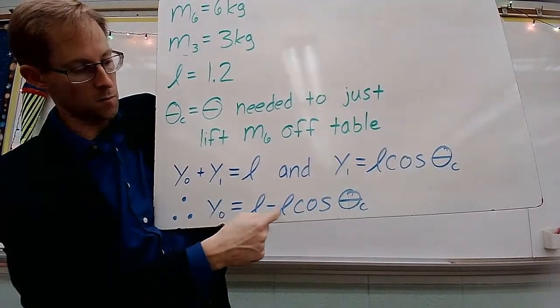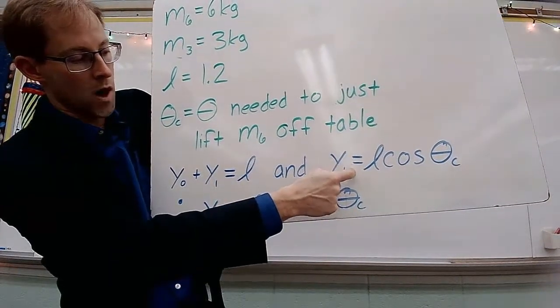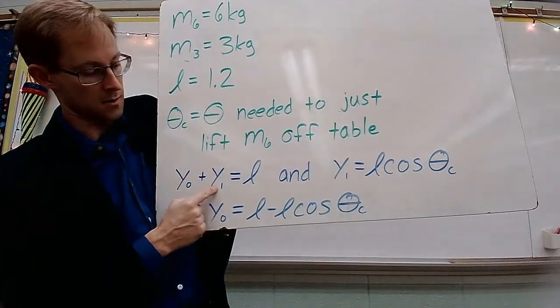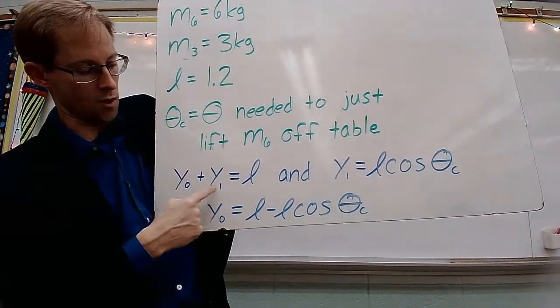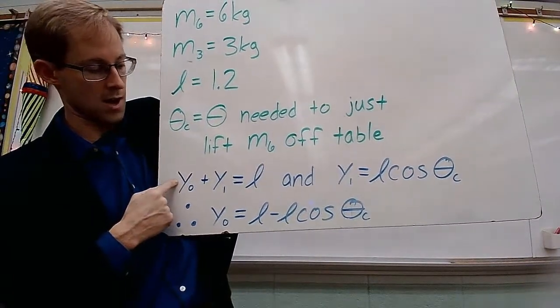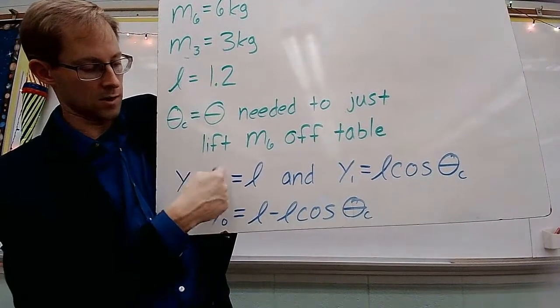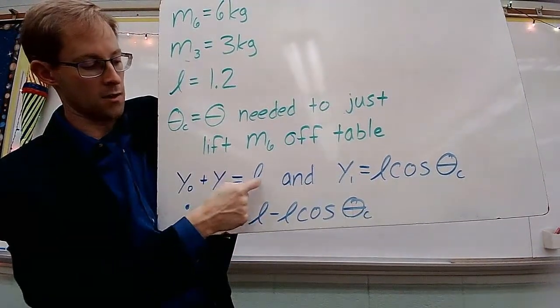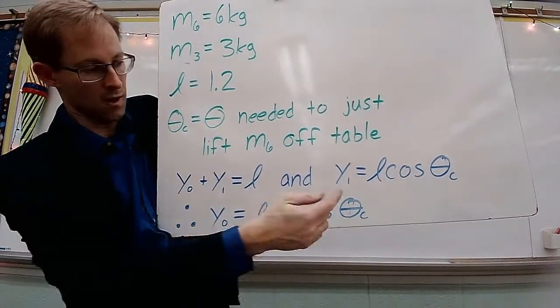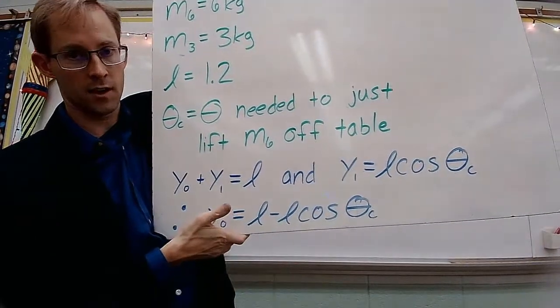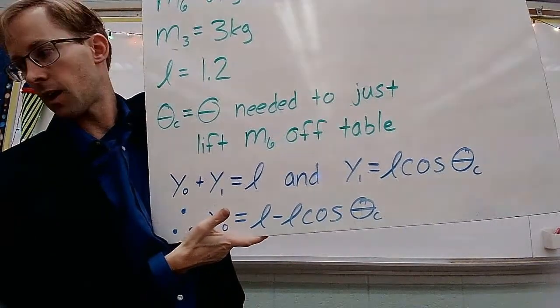Because if you substitute in y1 right here and solve for that original height, this goes over there, and you get L minus y1, and y1 is equal to that. That's where that expression comes from. That's going to come in handy later.